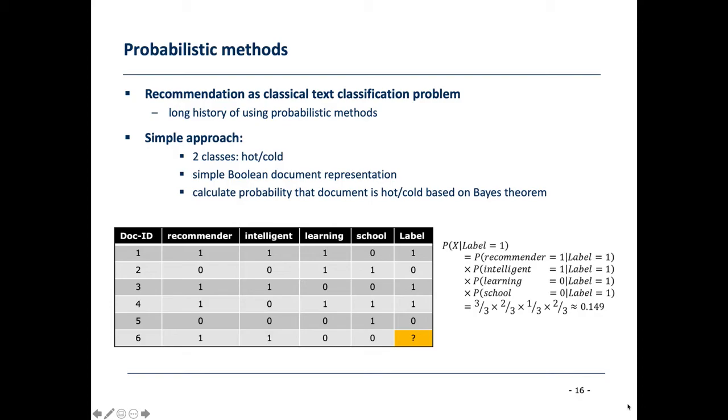So what's the probability that it's going to be hot or cold based upon whether the particular document had a particular value.